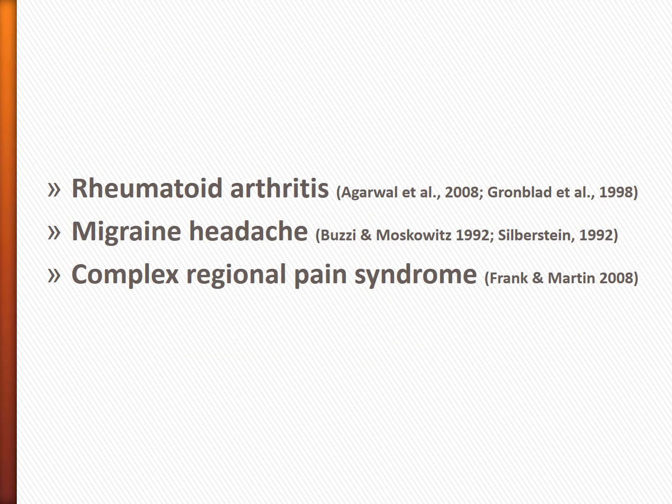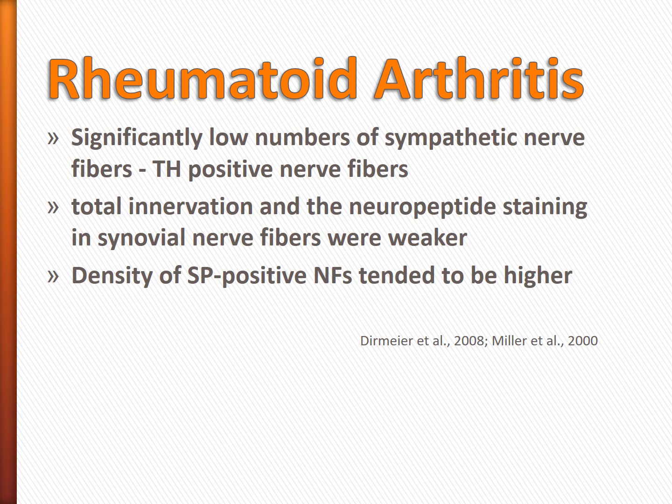Also, three other conditions: rheumatoid arthritis, migraine headache, and complex regional pain syndrome. In rheumatoid arthritis, researchers found that in those patients, the sympathetic nerve fibers, the tyrosine hydroxylase nerve fibers, are much fewer than usual.